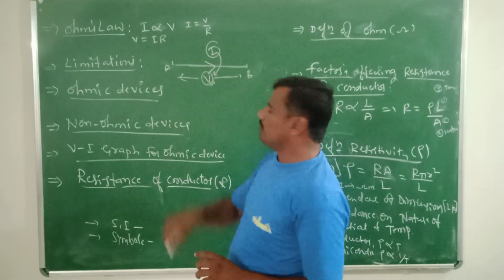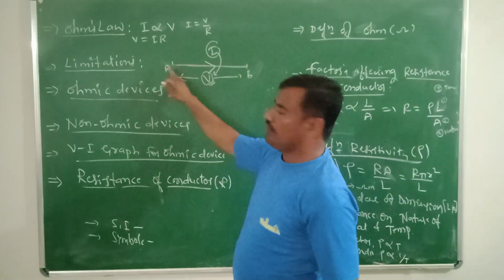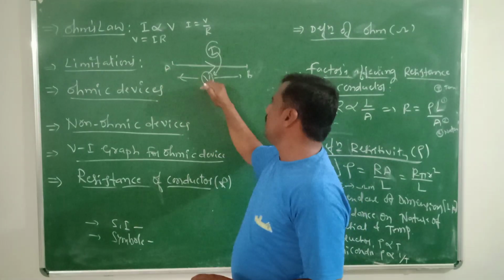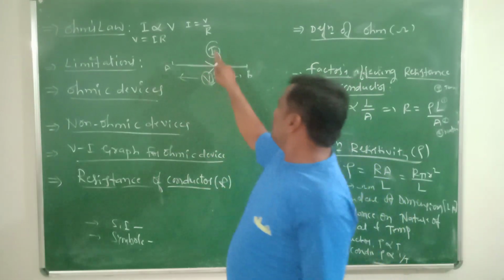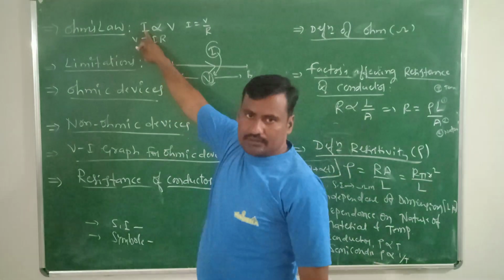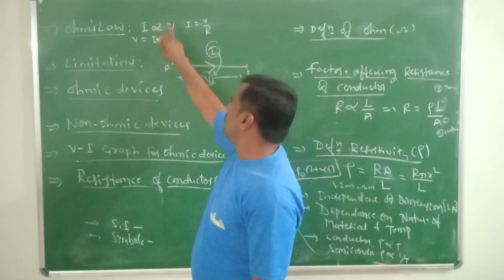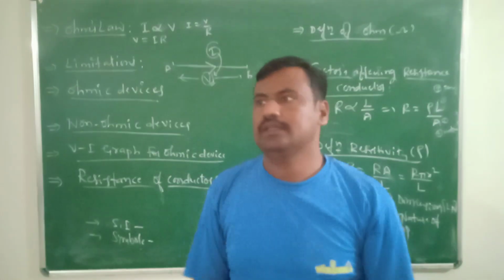So I am applying V amount of potential difference between the ends of this conductor, and this I is directly proportional to V.